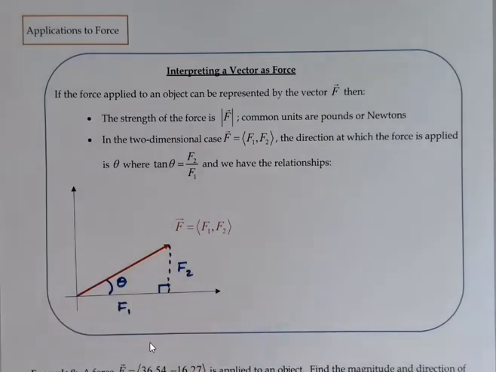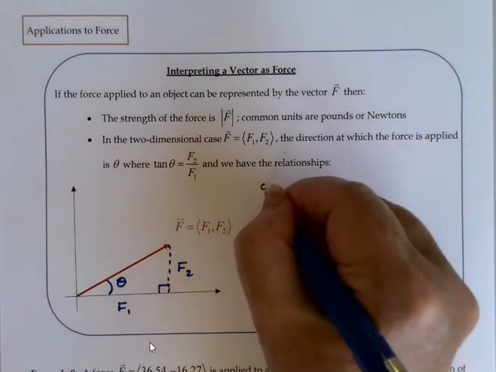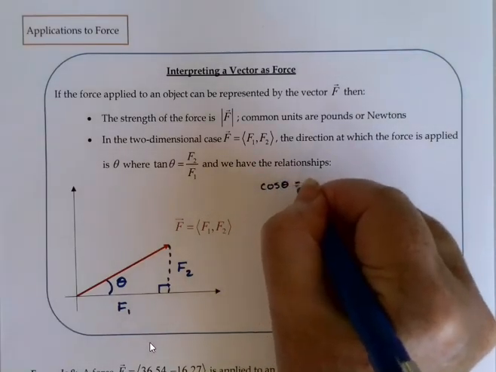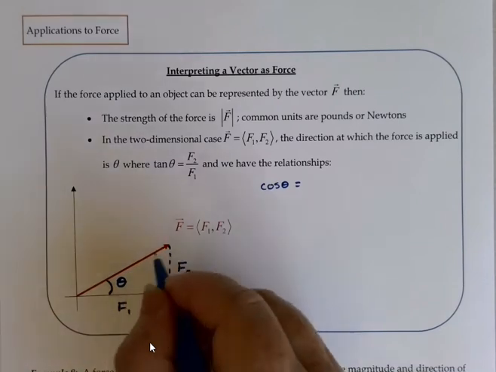Just like last time, we would be able to write equations for F1 and F2 based on the sine and cosine relationships. We know that cos theta would be F1 over the hypotenuse.